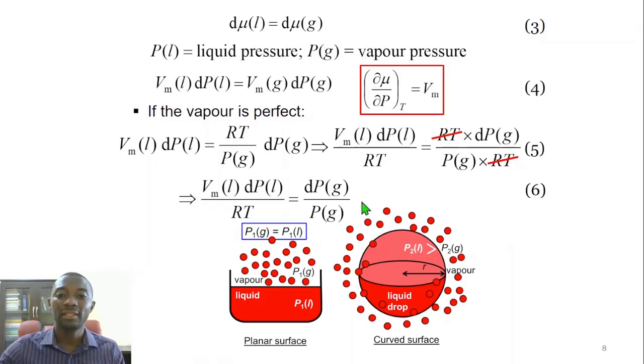So if we integrate equation 6 on the basis of these pressure limits, we integrate the left hand side from P_1L to P_2L. We integrate the right hand side from P_1G to P_2G.